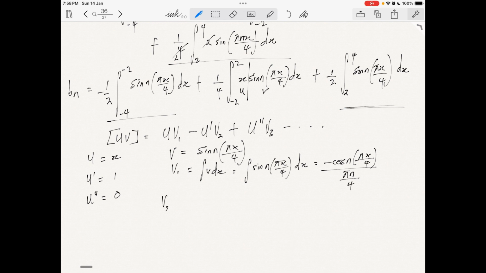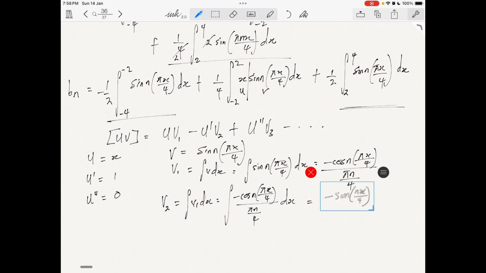And we can evaluate v2 by integrating v1 with dx, and v1 is minus cos n pi x over 4 divided by pi n over 4. If we're integrating this with dx, we would have minus sine n pi x over 4, all divided by pi n over 4 whole squared.